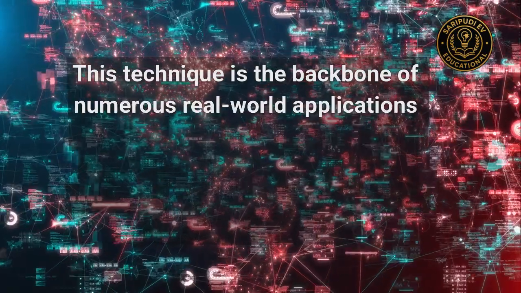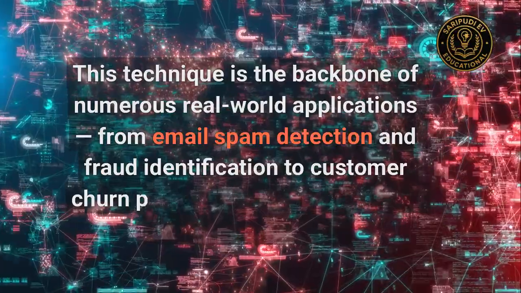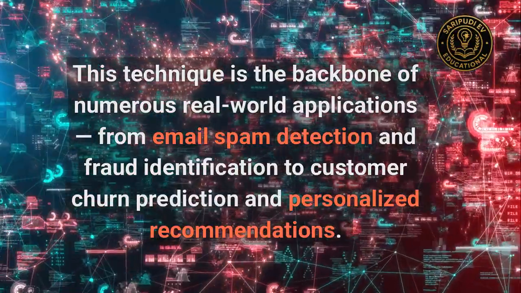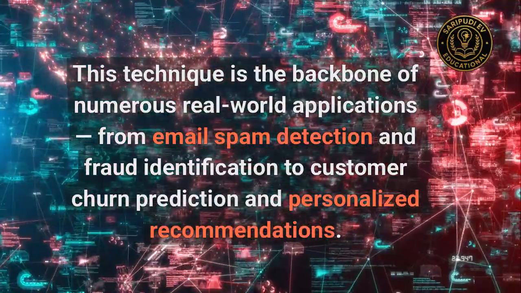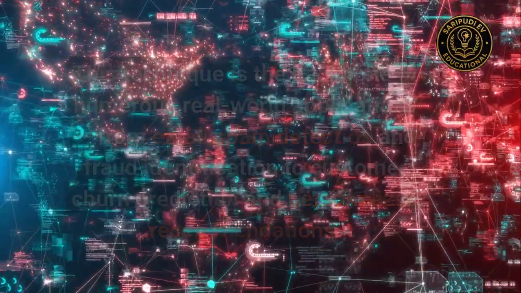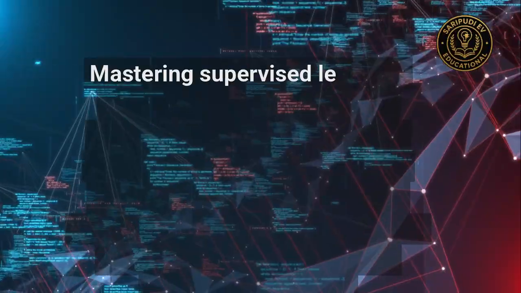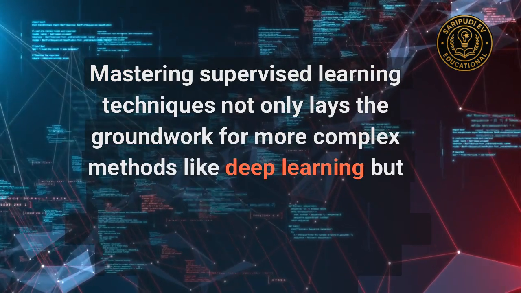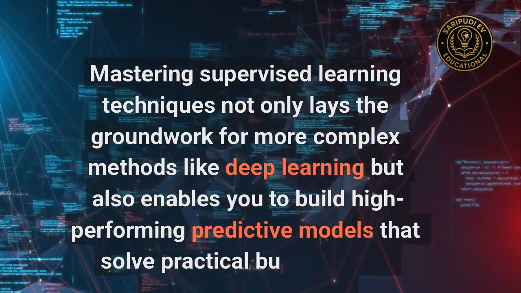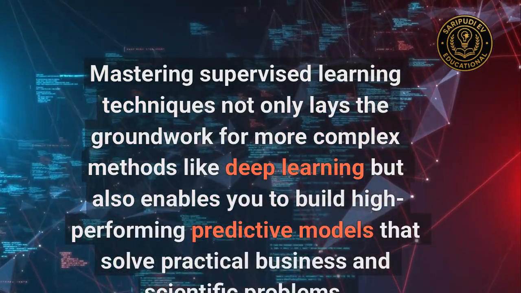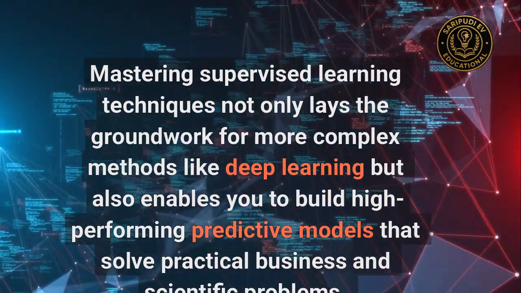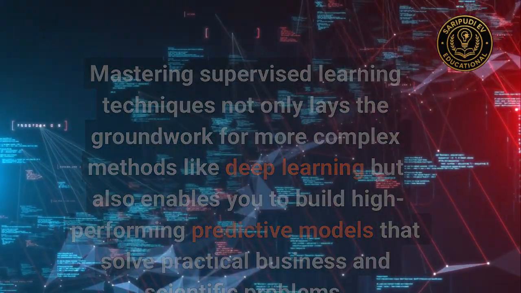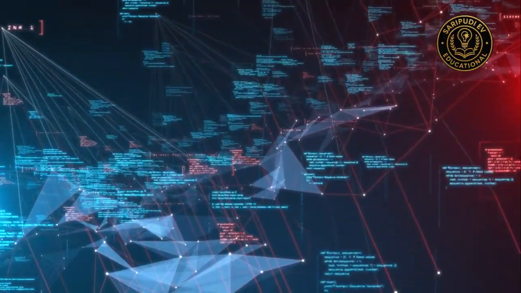This technique is the backbone of numerous real-world applications, from email spam detection and fraud identification to customer churn prediction and personalized recommendations. Mastering supervised learning techniques not only lays the groundwork for more complex methods like deep learning, but also enables you to build high-performing predictive models that solve practical business and scientific problems.